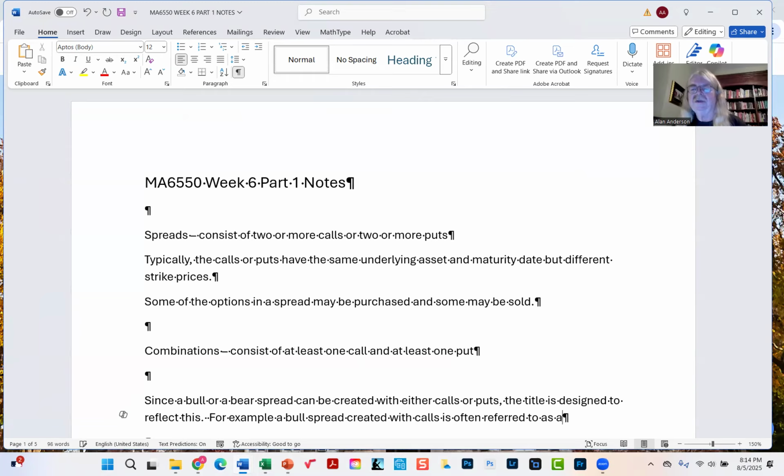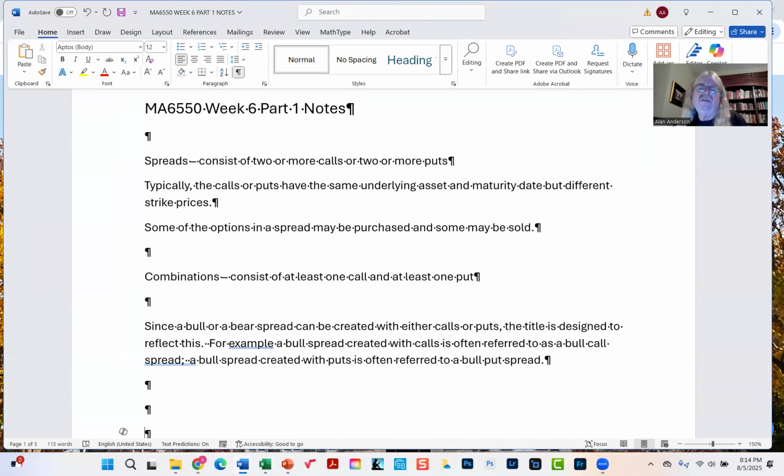Well, that's pretty common sense. And then of course, if we set it up with puts, a bull spread created with puts would of course be a bull put spread. Just so you know which.